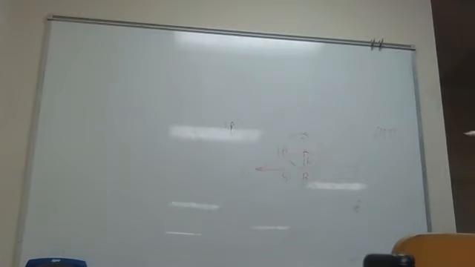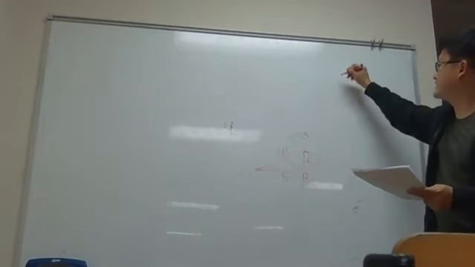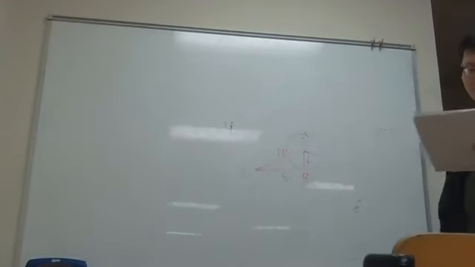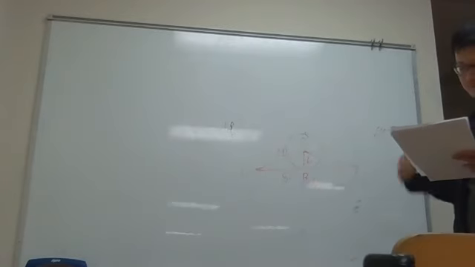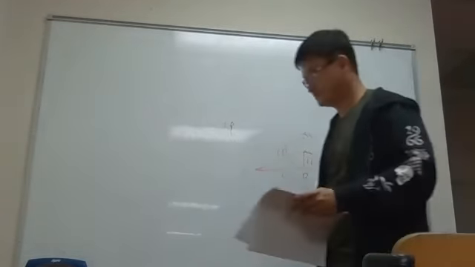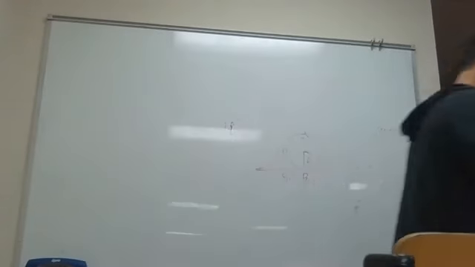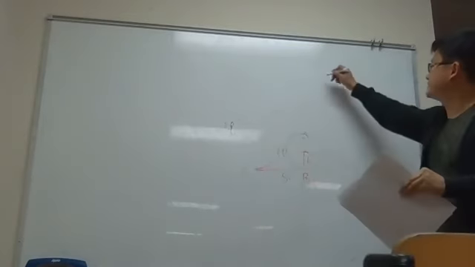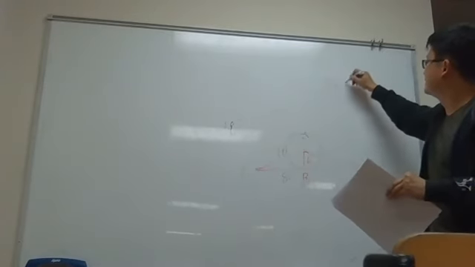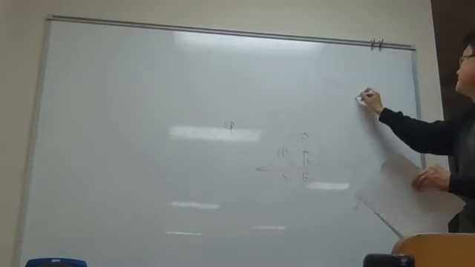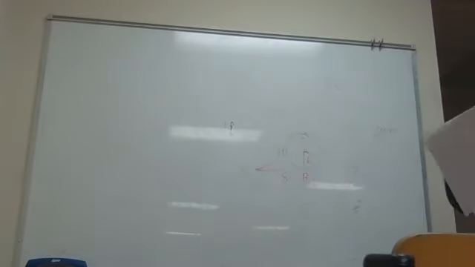So then it's pi times 10 squared minus 6 squared, so you get 64 pi.